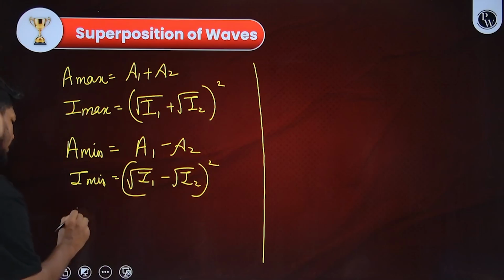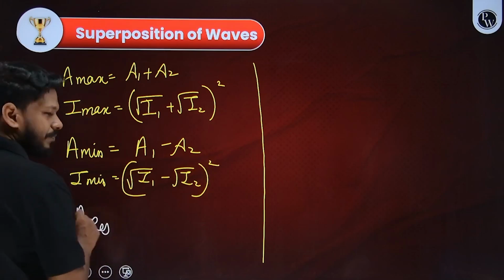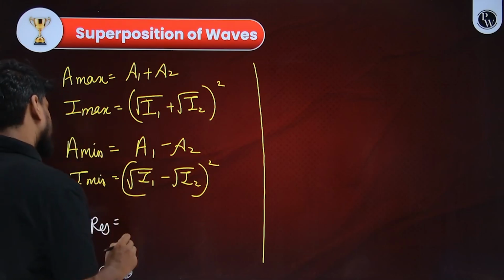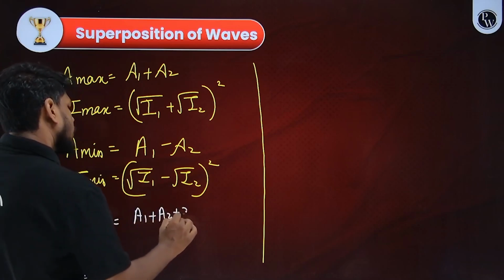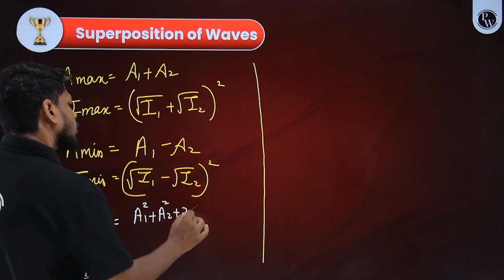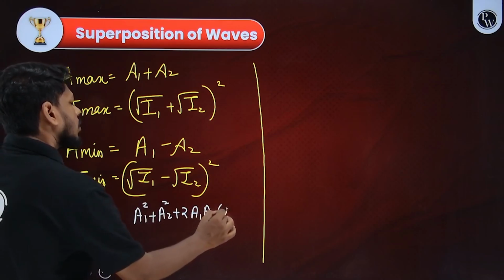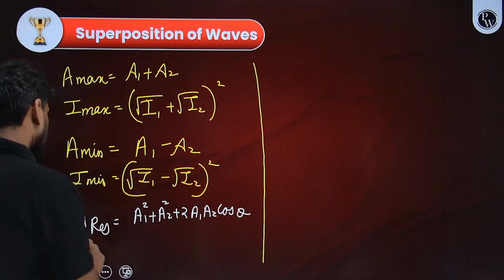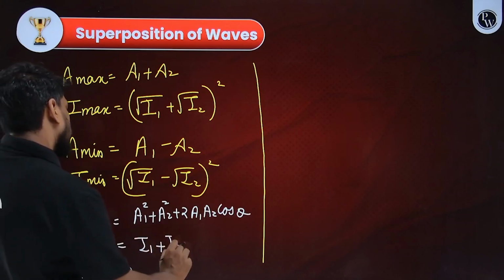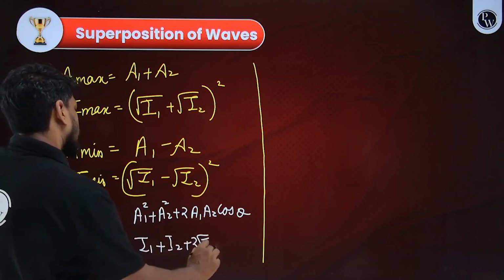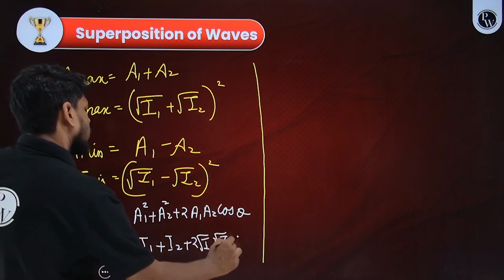Okay. A resultant can be given as root of A1 square plus A2 square plus 2 A1 A2 cos theta. Intensity resultant, actually this will be square. So intensity resultant will be I1 plus I2 plus 2 root of I1 root of I2 cos theta.